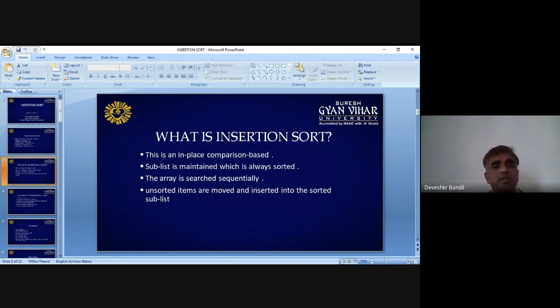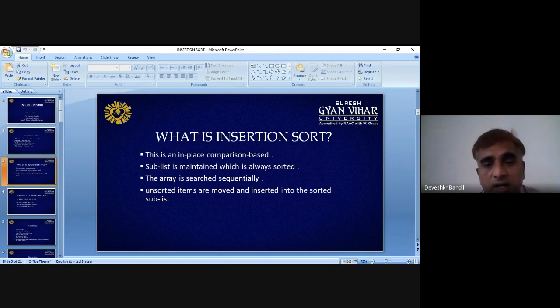In insertion sort, the array is searched sequentially, and unsorted items are moved and inserted into the sorted sublist in the same array. This algorithm is not suitable for large data sets.